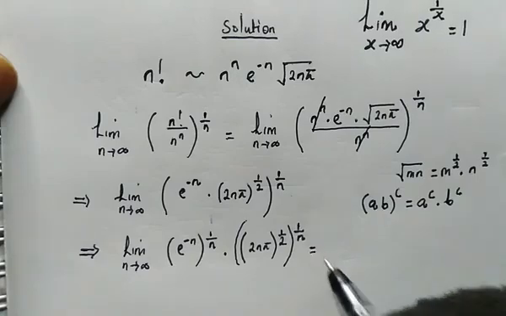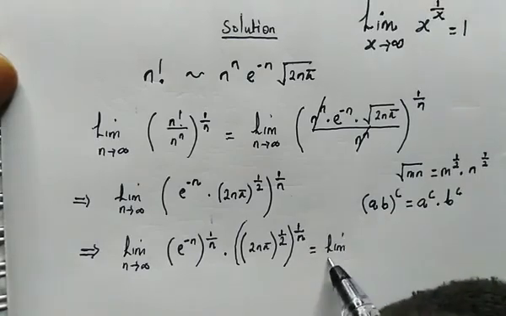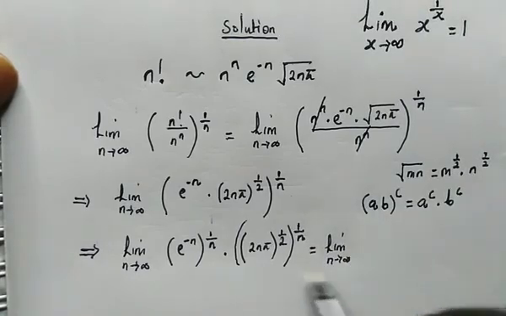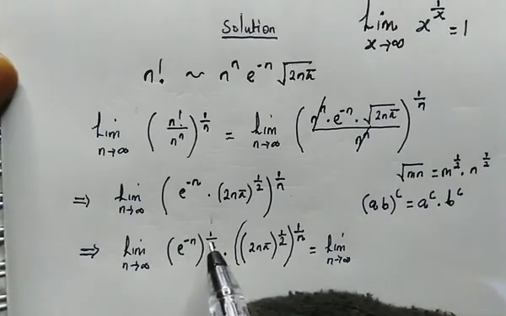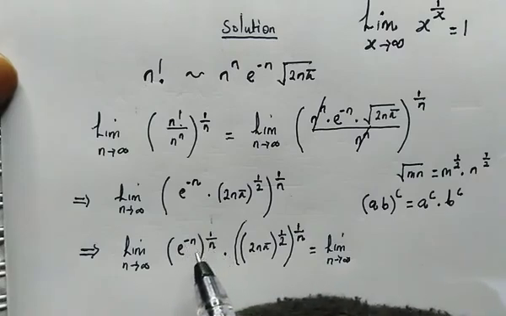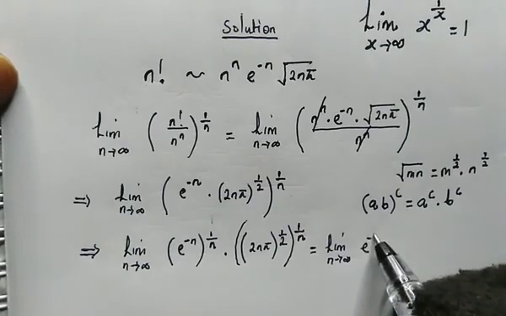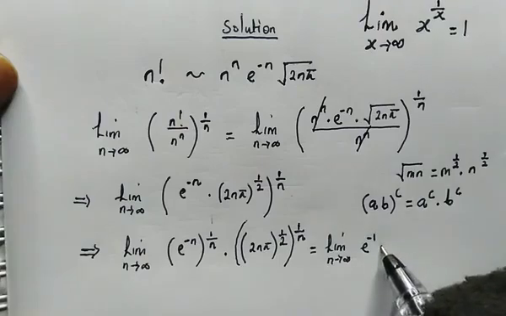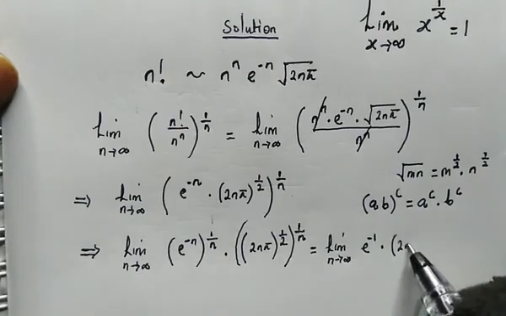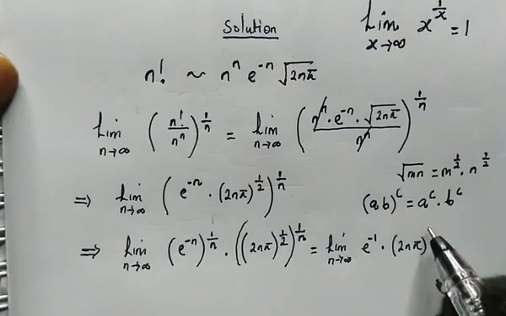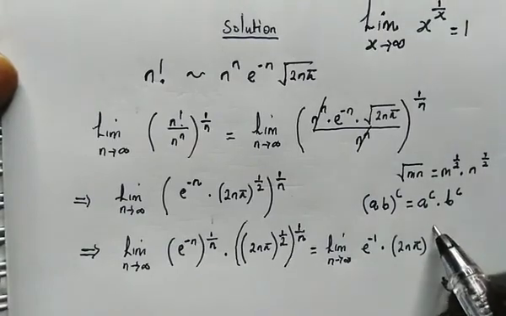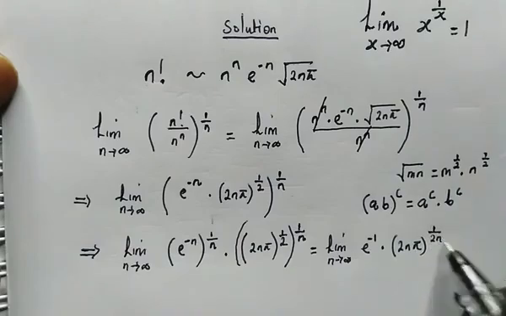Here we have cancellation: n times negative n times 1 over n will give us negative 1, so we have e to the power of negative 1. Then multiplied by 2n pi raised to the power of 1 over 2 times 1 over n, which gives us 1 over 2n.